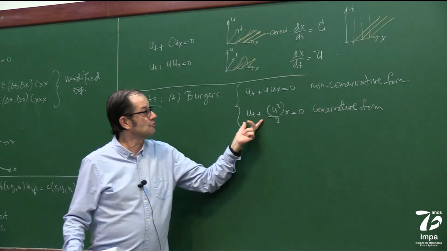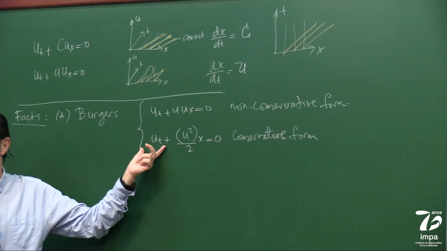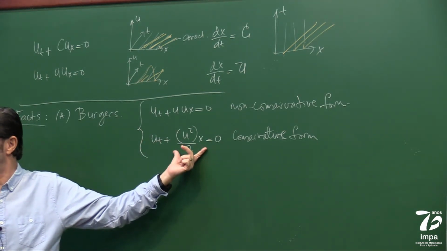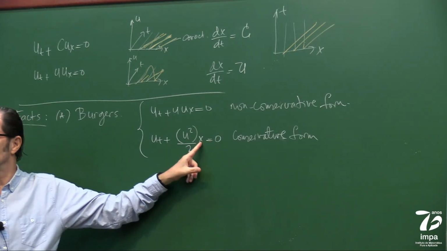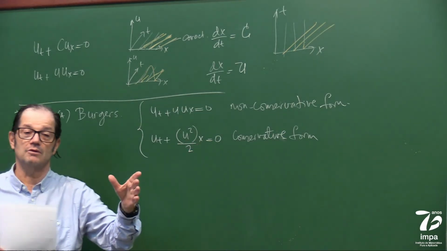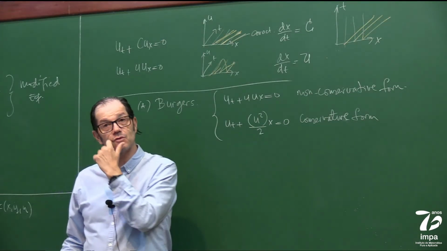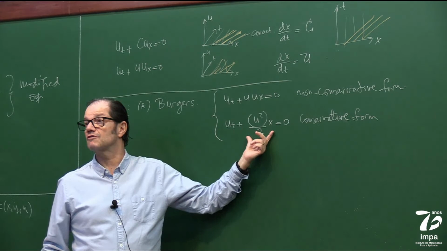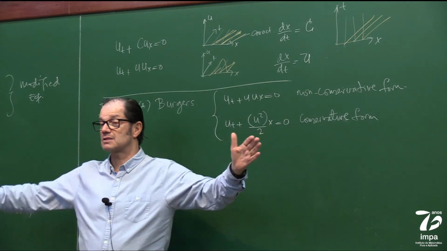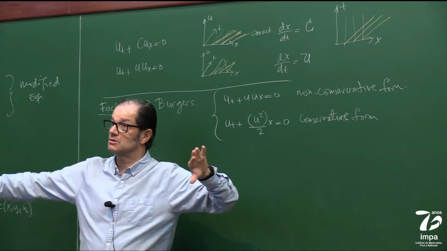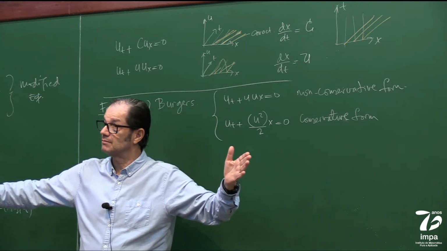If you integrate the flux term in space from A to B, because of the derivative, it's going to be the value at B minus the value at A. That's why it's called the term related to the flux function, because it's telling you the flux of this quantity at the extremes of your interval AB.